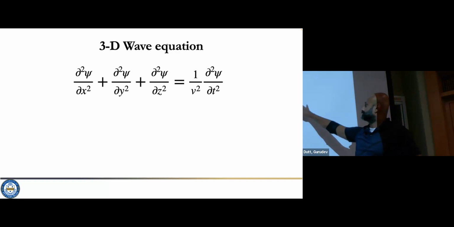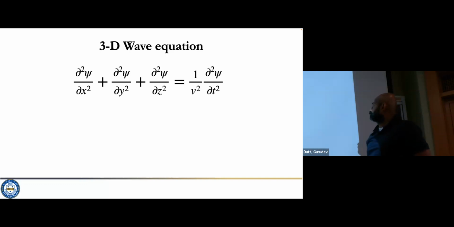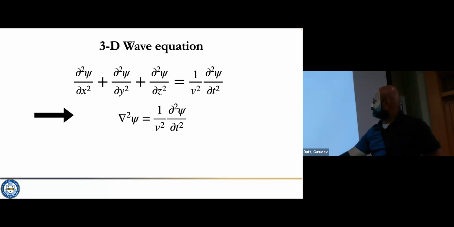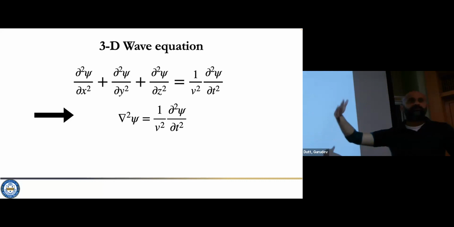As I said, they are solutions of the 3D wave equation, which is just a generalization of the 1D equation. It's this equation on the left-hand side equals 1 over v squared, ∂²ψ/∂t², and that is represented by this operator del squared. Have you seen this operator del squared in any of your vector calculus classes, perhaps?